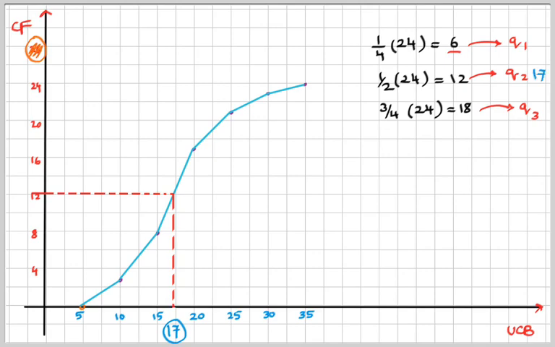If I want to find out the upper quartile, I'll draw it corresponding to 18. So this is 20. Let me just double check. This is 20, so 18 would be somewhere here. You draw till the graph, you go down, and then of course you can draw it dotted like this.